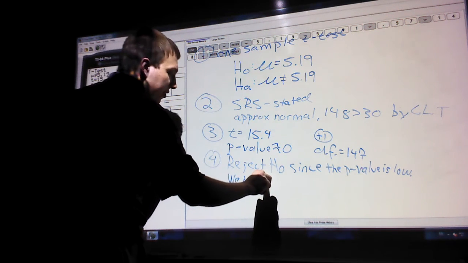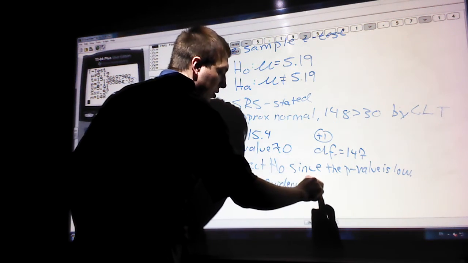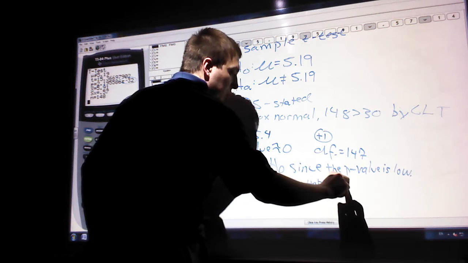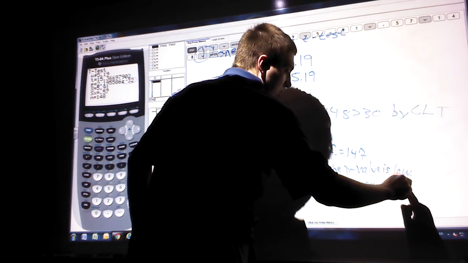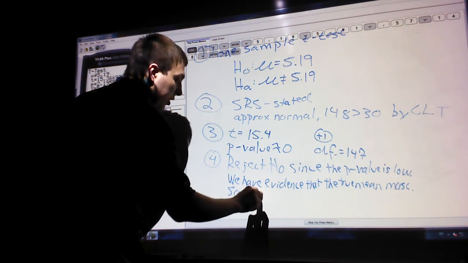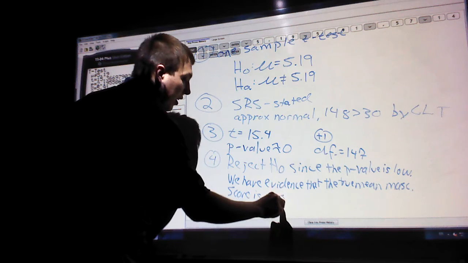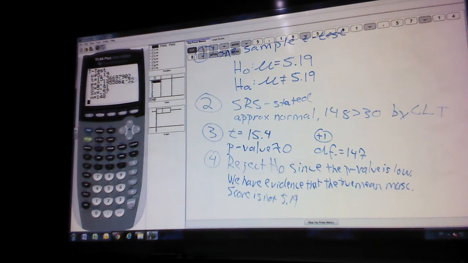We have evidence that the true mean masculine score is not 5.19. It is greater than. Probably greater than. It is greater than the norm. So they apparently have more masculine hotel managers.